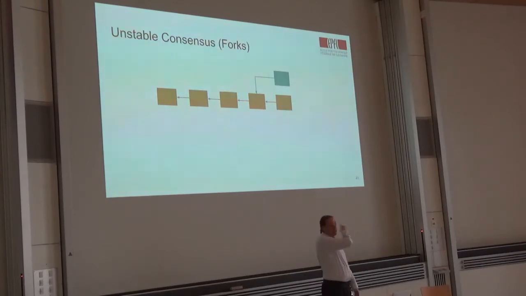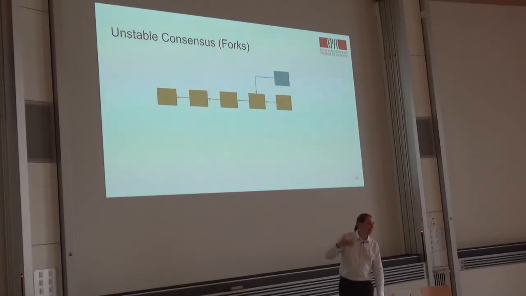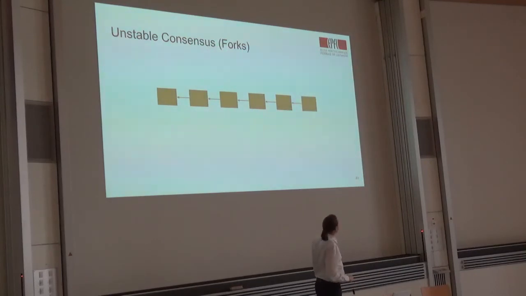We can now go back and forget that blue block because it's strictly less interesting. It represents strictly less work than this version of history, and so it statistically ensures that with very high probability the network converges on one version of history after a small number of blocks.